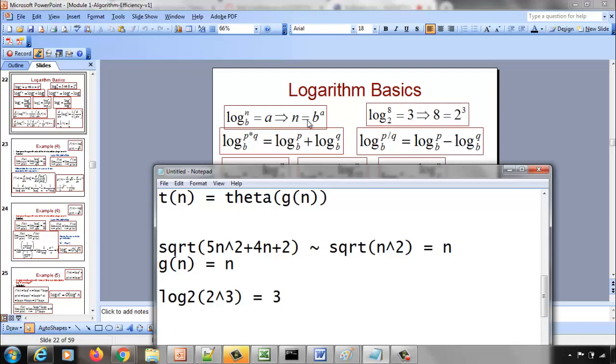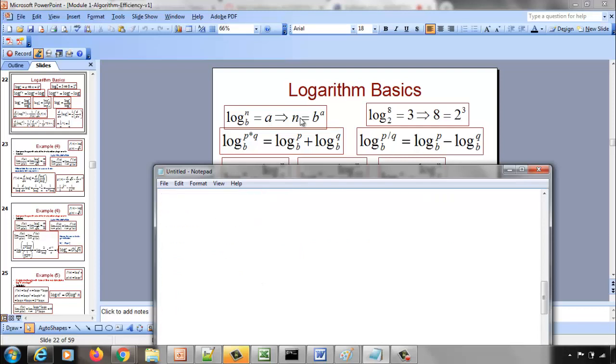For example, log 32 to the base 2 is 5, so that implies 2 raised to 5 is 32.